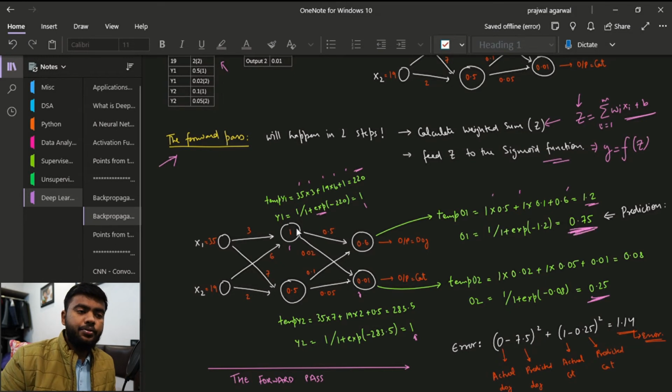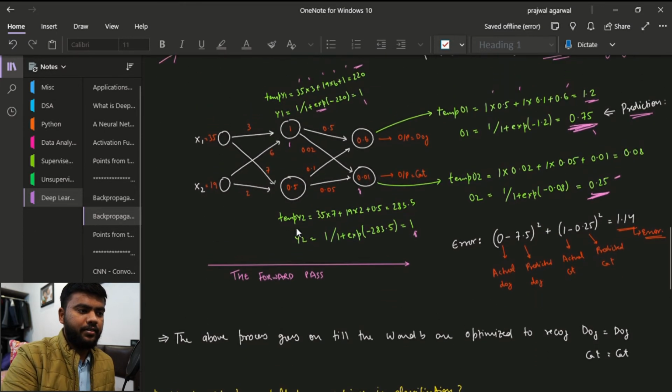These two values are the predictions that we have generated. If you add both of them, you can see that they equal 1, and the probability of all the events should be equal to 1. So this is working perfectly.